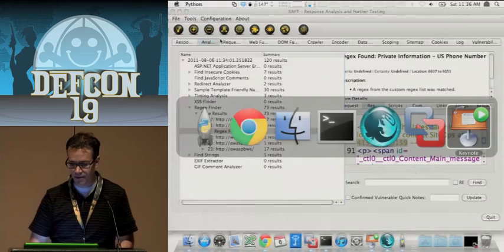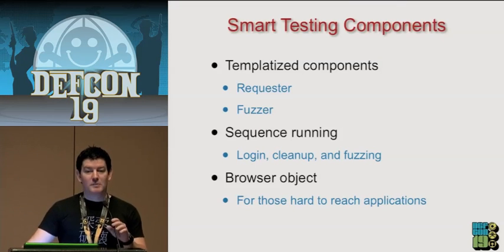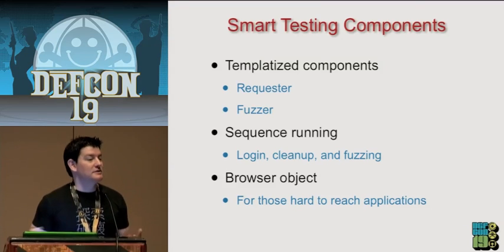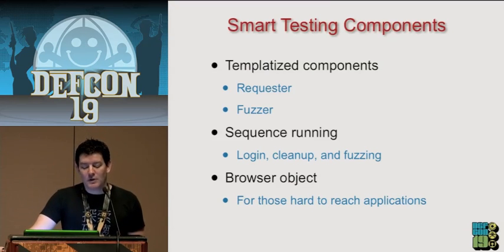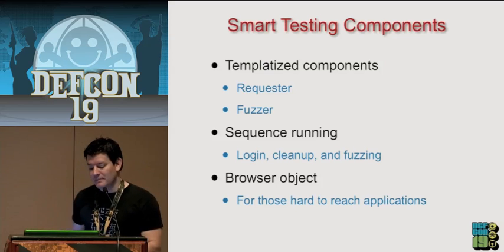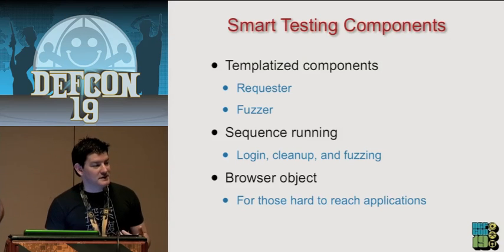Jump back over to Keynote. So a little bit about our smart testing components, because so far we've been talking about data you've already collected. So now you've already collected the data, you want to do some additional testing based on the data you've collected. So we created a requester and a fuzzer, and those are templatized, and we'll get into those in a second. We're about to do the demo. But we also have the ability to run sequences.